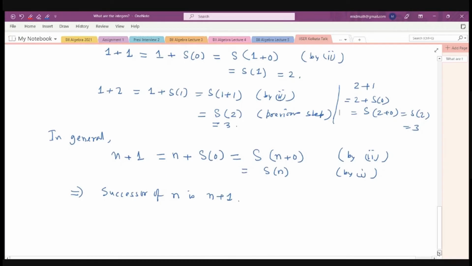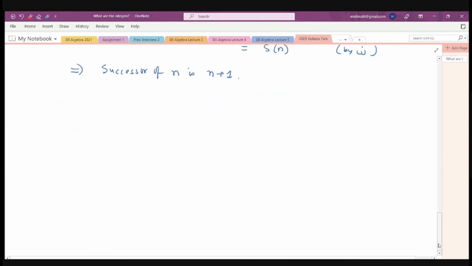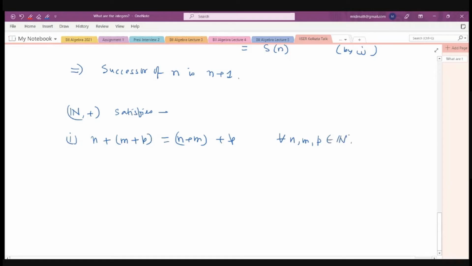I was about to write this, and it's good that whatever I am about to write, you are asking the right questions. Natural numbers together with plus satisfy the following properties. Number 1: n plus (m plus p) is equal to (n plus m) plus p for all n, m, p in N. This is associativity.